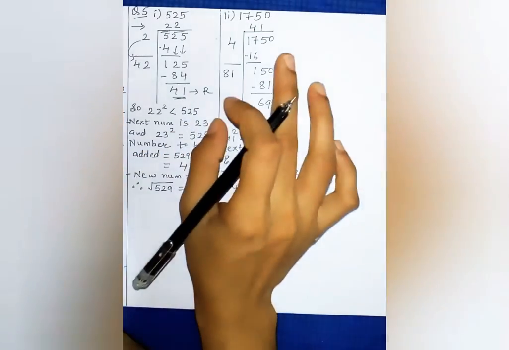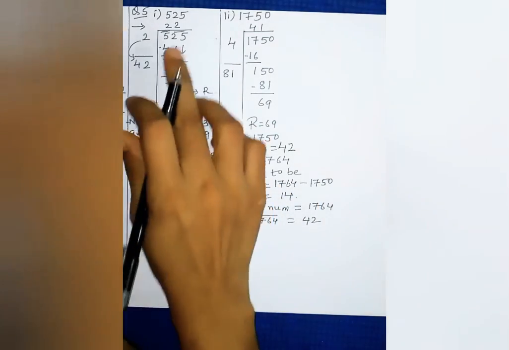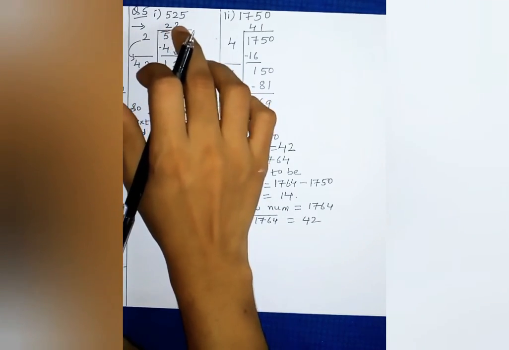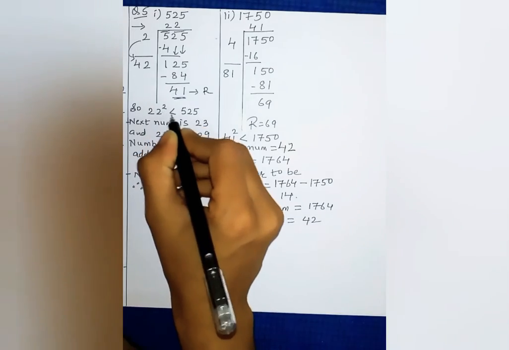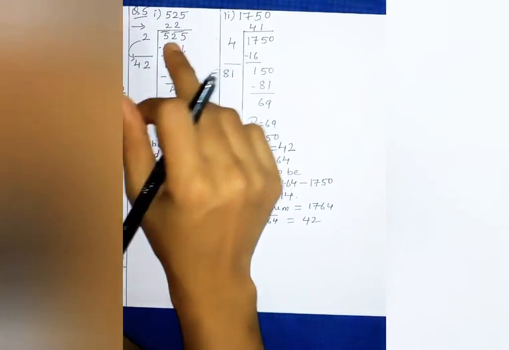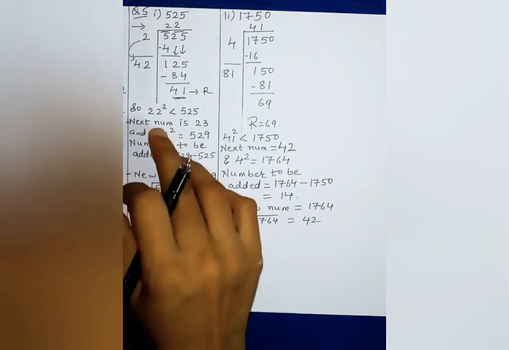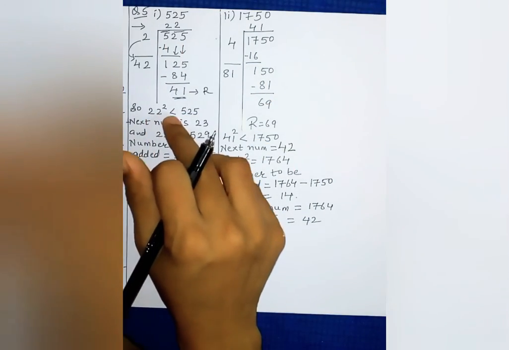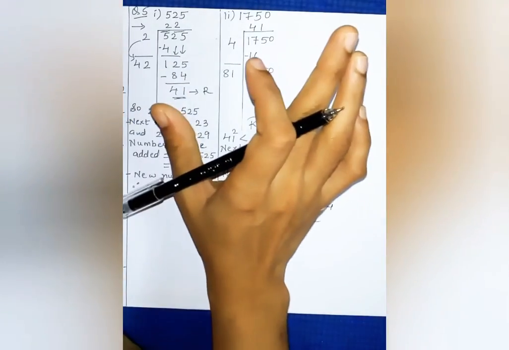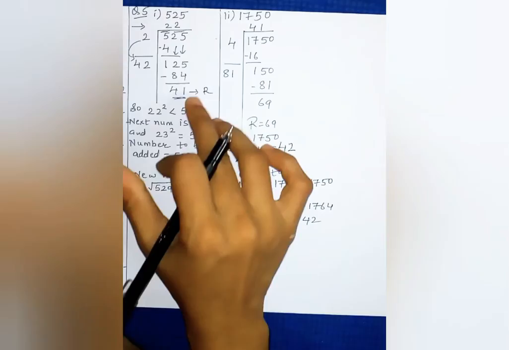Now we are getting a remainder. It means that our quotient on the top, 22, its square will be less than 525. So 22 square will be less than 525. So this number is not a perfect square, as we know, because here we didn't get 0.